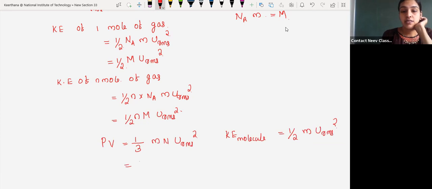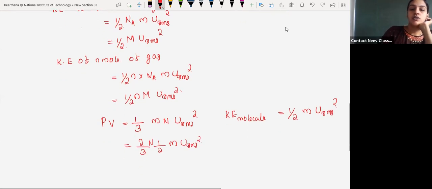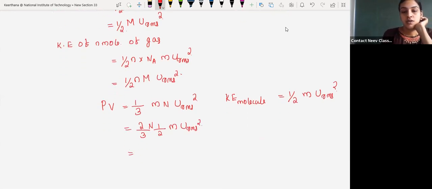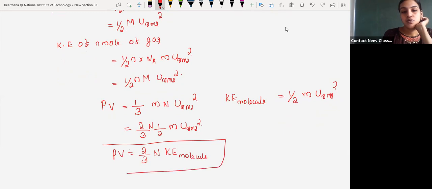So if I'm rewriting this, I can write 2/3 n into 1/2 m u RMS square, or 2/3 n into kinetic energy of one molecule. So PV is equal to 2/3 n into kinetic energy of one molecule.